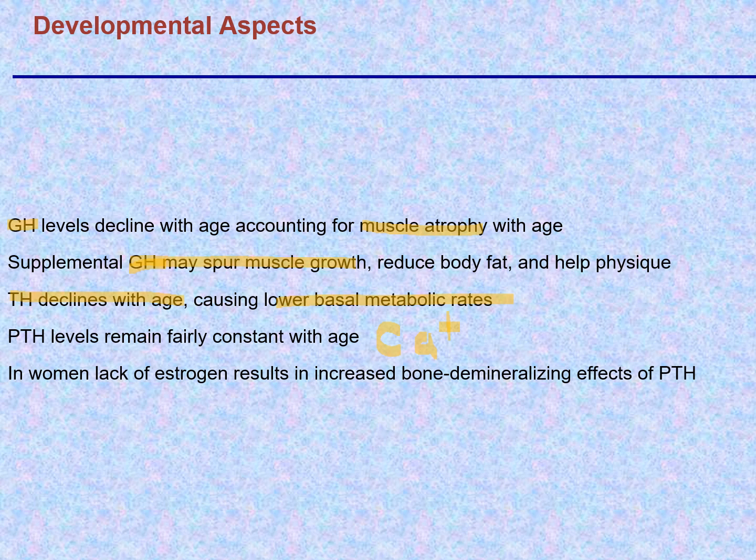PTH can have more of a bone demineralizing effect in women, and that's due to lack of estrogen. Lack of estrogen results in more PTH effects, more bone demineralization, and loss of calcium from the bones.